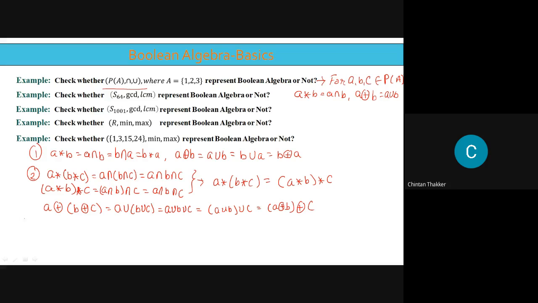So the third property is satisfied. Then, the second property is satisfied, associative.